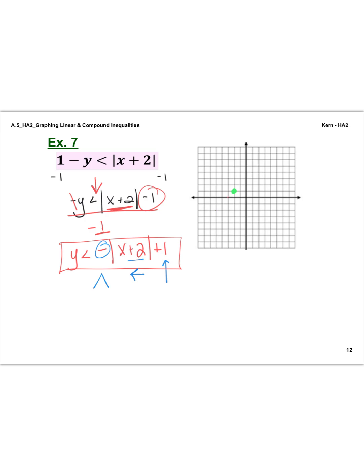So I'm gonna go left 1, right 1. And I'm just gonna fill this whole thing in on both sides. And when you're done filling it in, you ask yourself dotted or solid. This one is gonna be dotted.